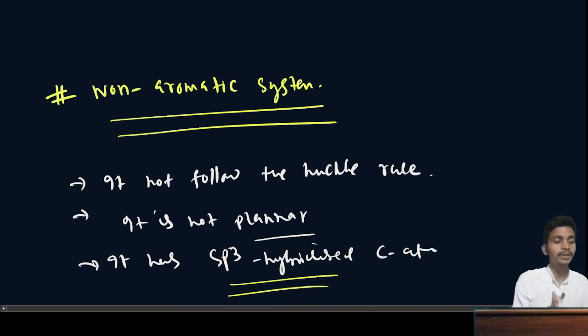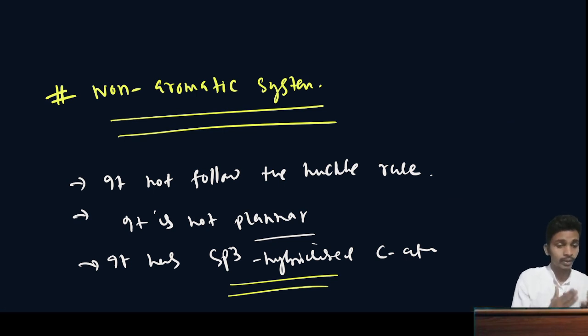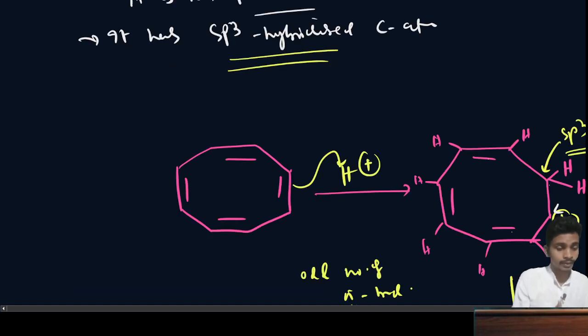So this is all about aromatic, anti-aromatic, and non-aromatic systems, and how the anisotropic effect applies to these systems.